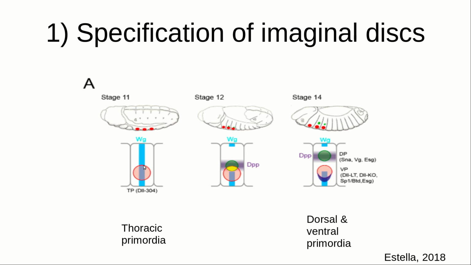The position and identity of imaginal discs is determined mostly by Hox genes, which provide positional information in the embryo. So at embryonic stage 11, more or less, these thoracic primordia start to form in red, and later two different primordia, a ventral one and a dorsal one, are developed.